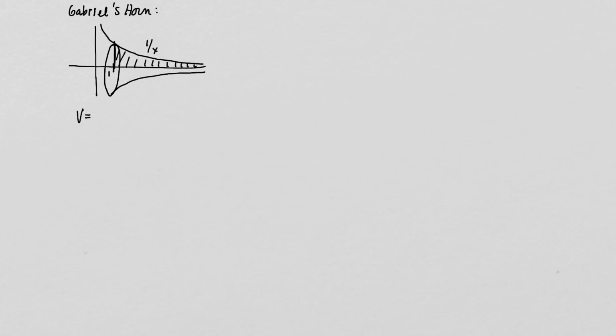So the volume here is going to be pi times the integral. We'll worry about the limits in a minute. Remember, it's the radius squared. So what is the radius of my discs? If I stick a disc in here, where is the radius sitting?